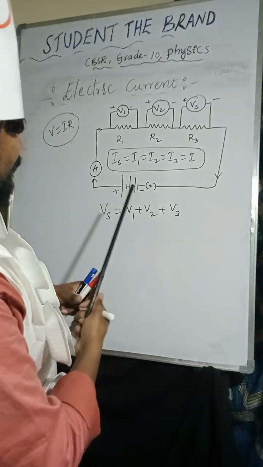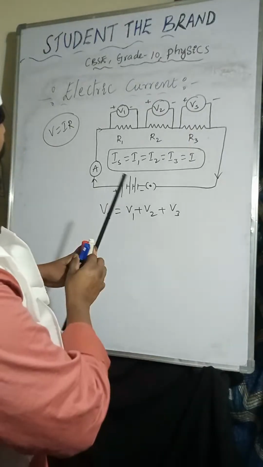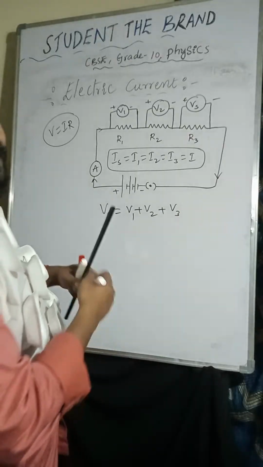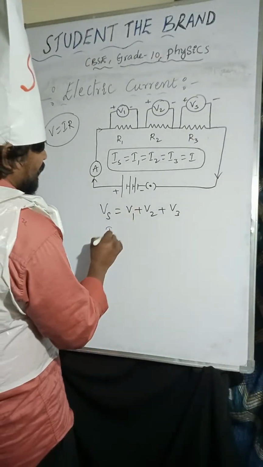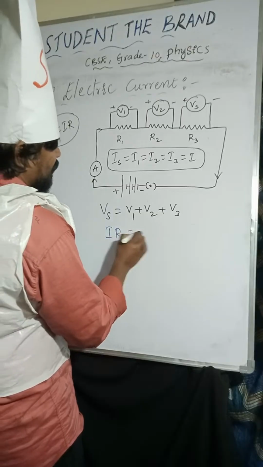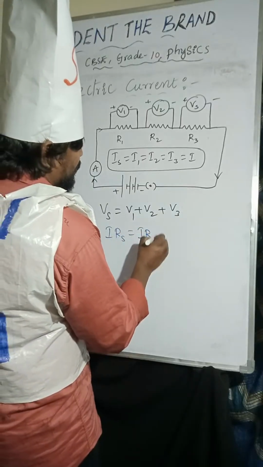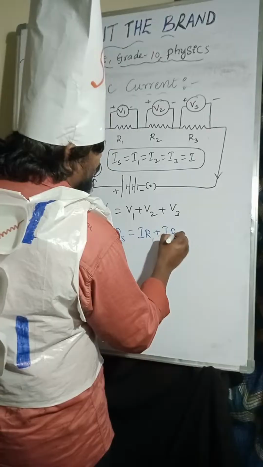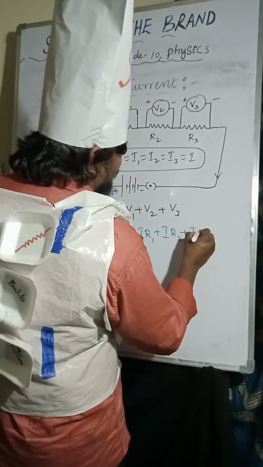Then we can write like this: IRs equal to IR1 plus IR2 plus IR3.